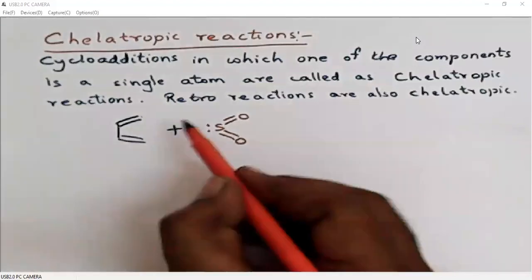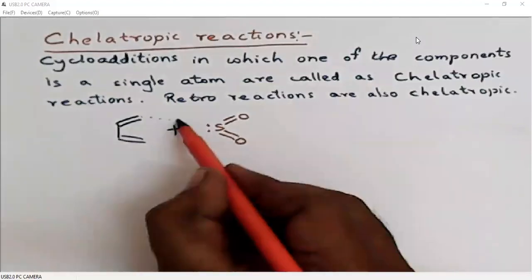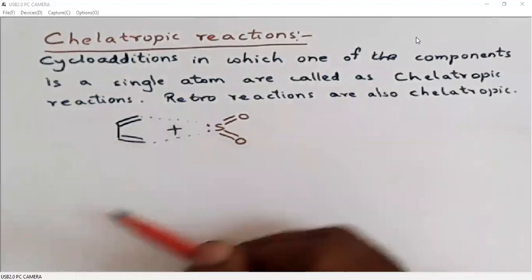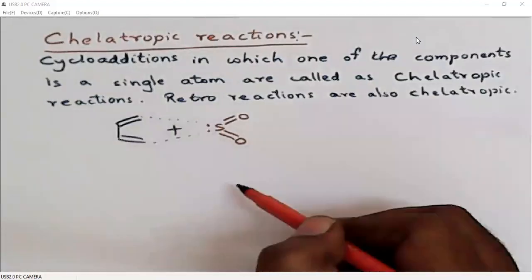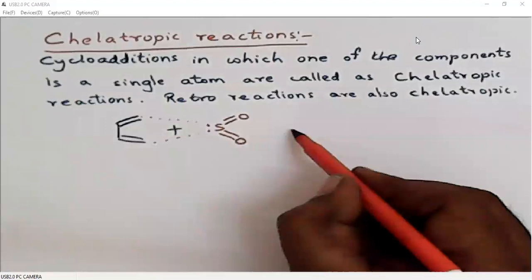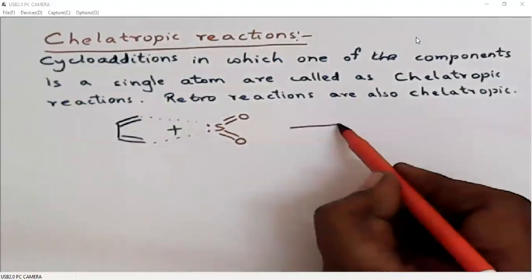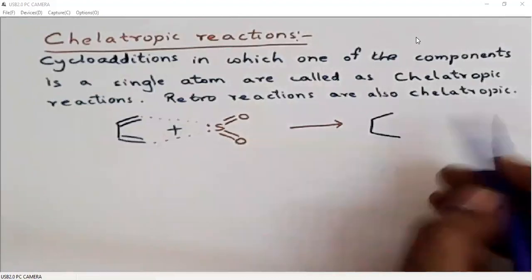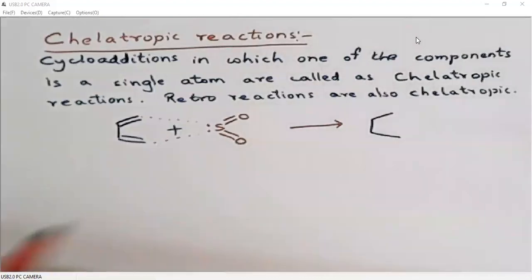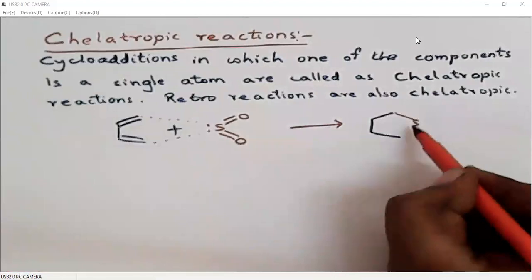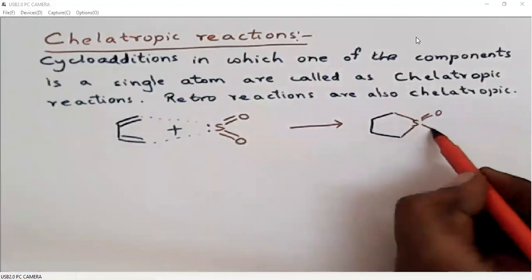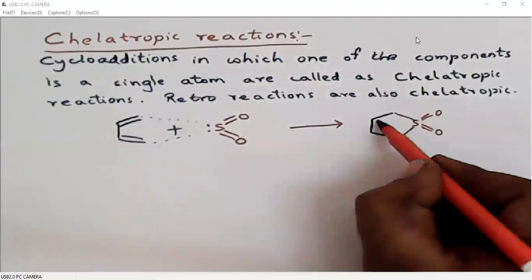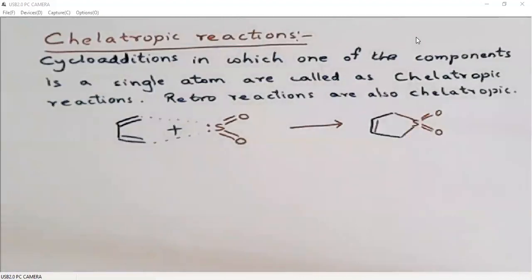Here the sulfur atom will undergo bond formation across these two ends of the system and it generates a 5-membered ring system.